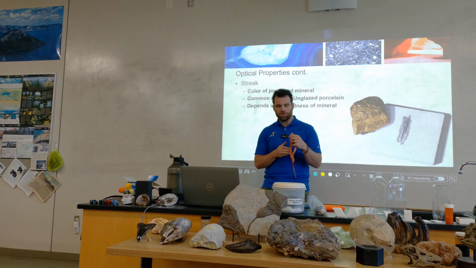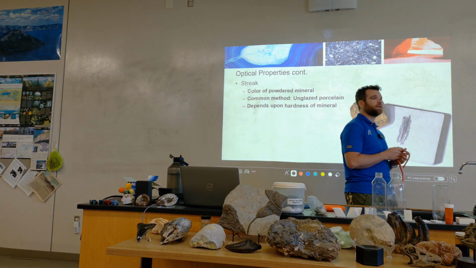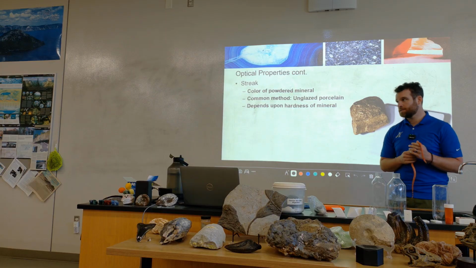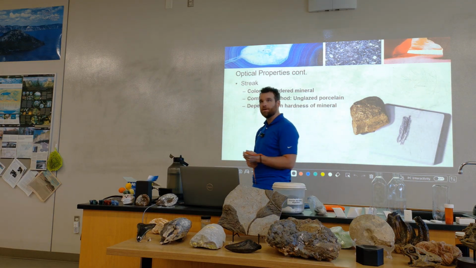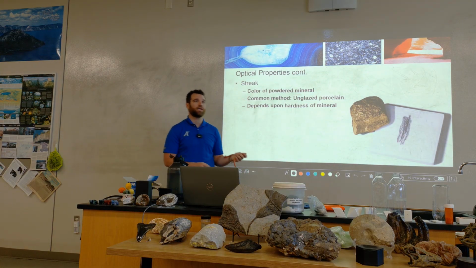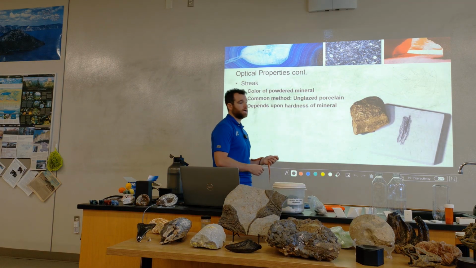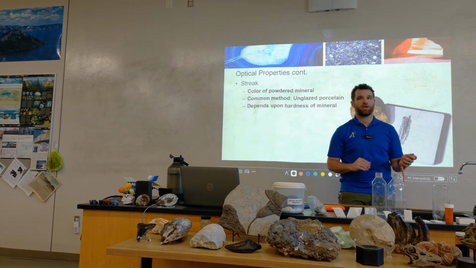Streak. In your test kits, each of you will have a white and black ceramic plate. You're going to scratch the minerals on that plate. If your mineral is softer than that plate, it's going to leave behind a color, either on the black one or the white one. You'll be able to see a color there. You will make note of that color, that is streak.